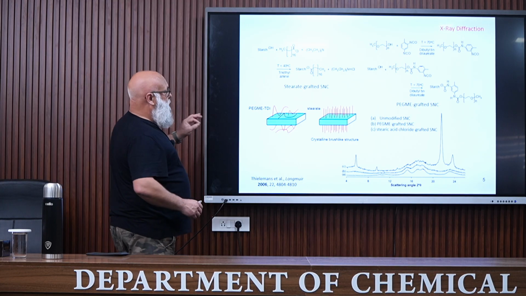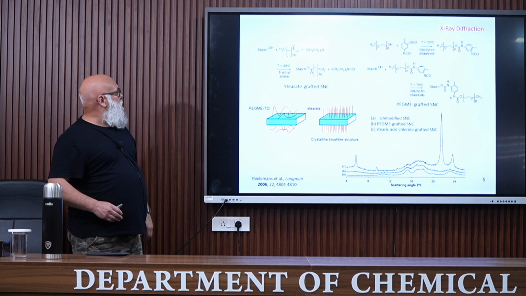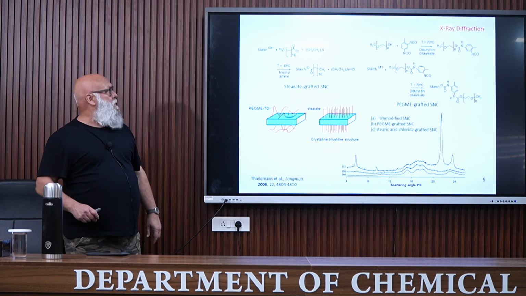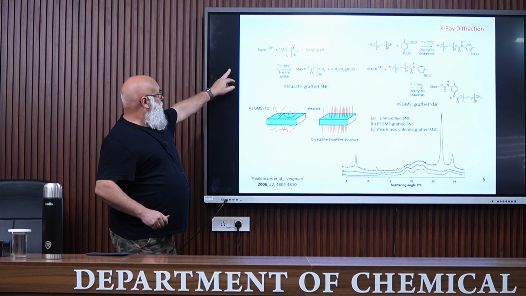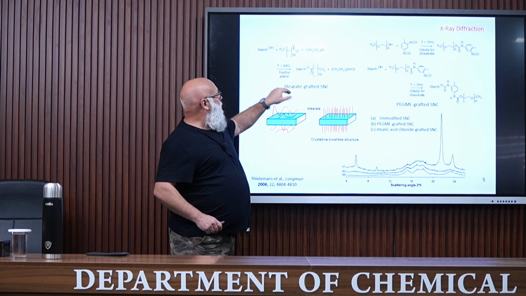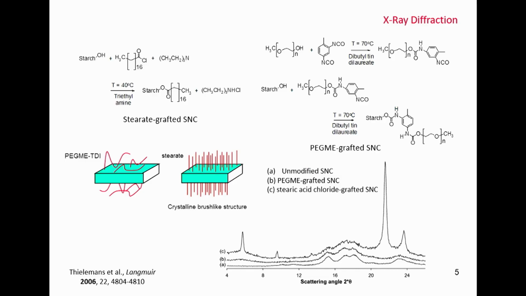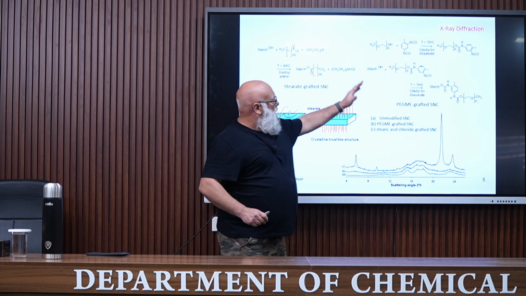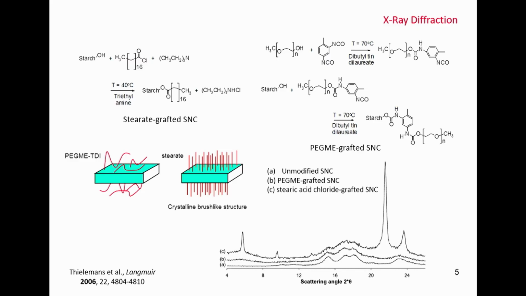In this case, starch nanocrystals have been used, and two different molecules have been grafted. Stearate was grafted, and you can see that on the surface of starch, a relatively long aliphatic chain was grafted, and on the other side, another molecule was grafted, polyethylene glycol methyl ether.